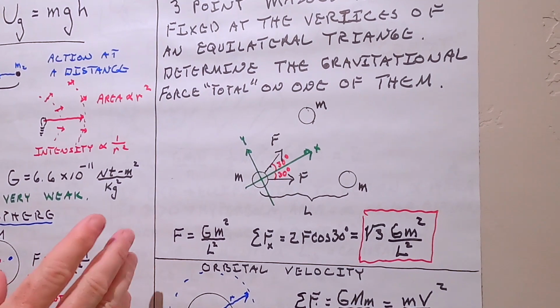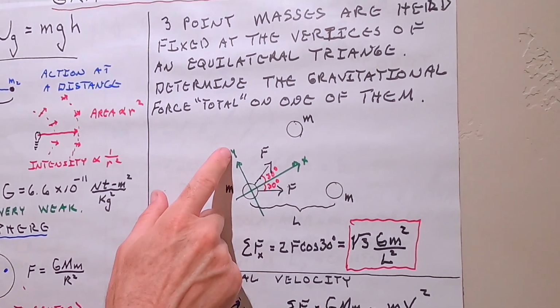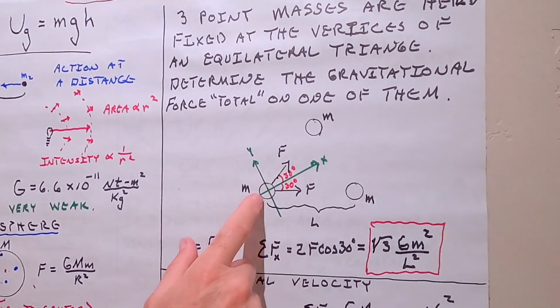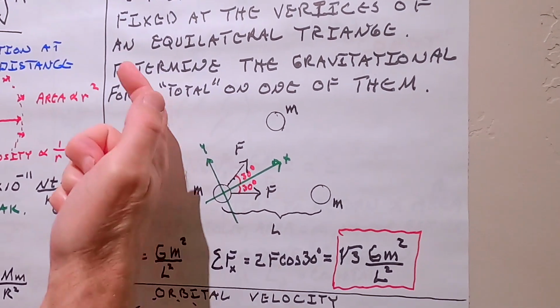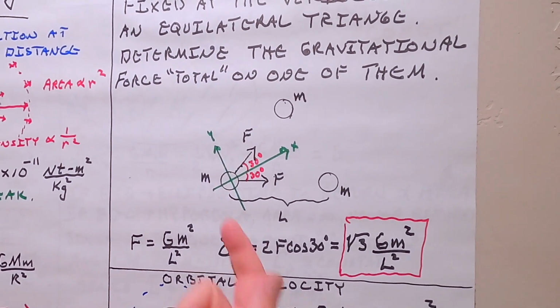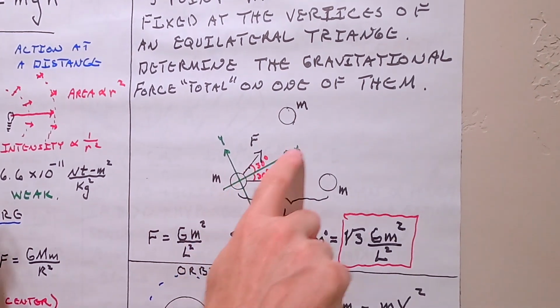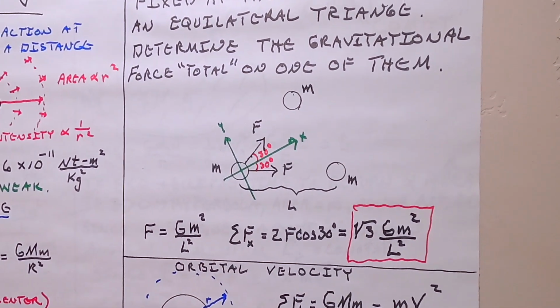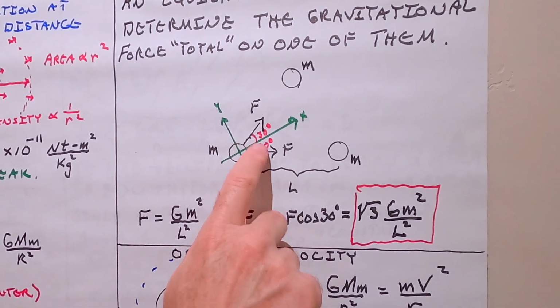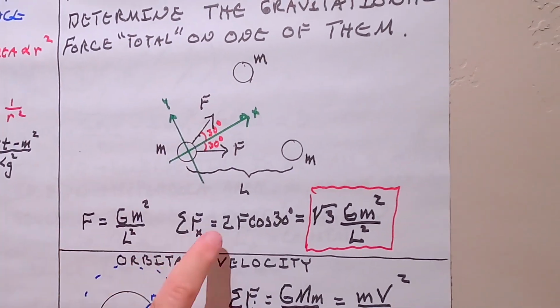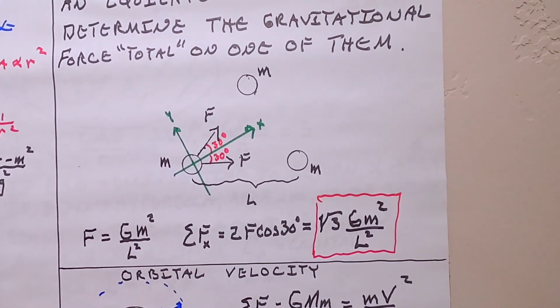So if we wanted to get the total force, it might be easier to put my coordinate system like this, because then all the forces this way cancel, and all we get is double one of these in that direction right here. And so this component of force would be 2F cosine 30.